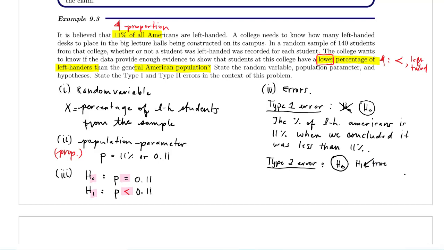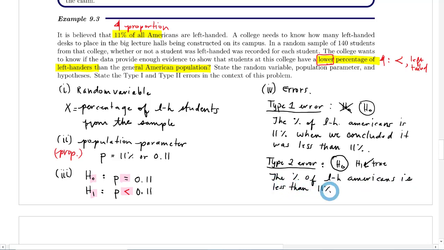Okay, so this means that the percentage of left-handed Americans is less than 11% when we concluded, because we didn't reject the null, right?